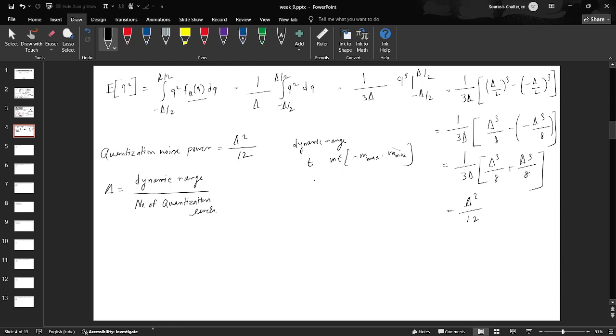Therefore the dynamic range is maximum value minus minimum value, so that is 2 m max. So we have here 2 m max over L. L is the number of quantization levels, or you can see it as the number of discrete values. Both are actually same.